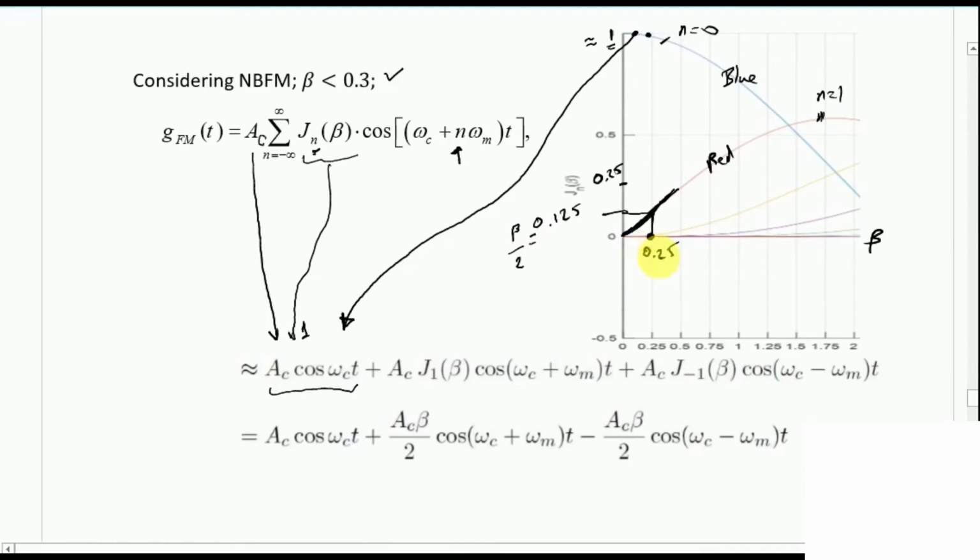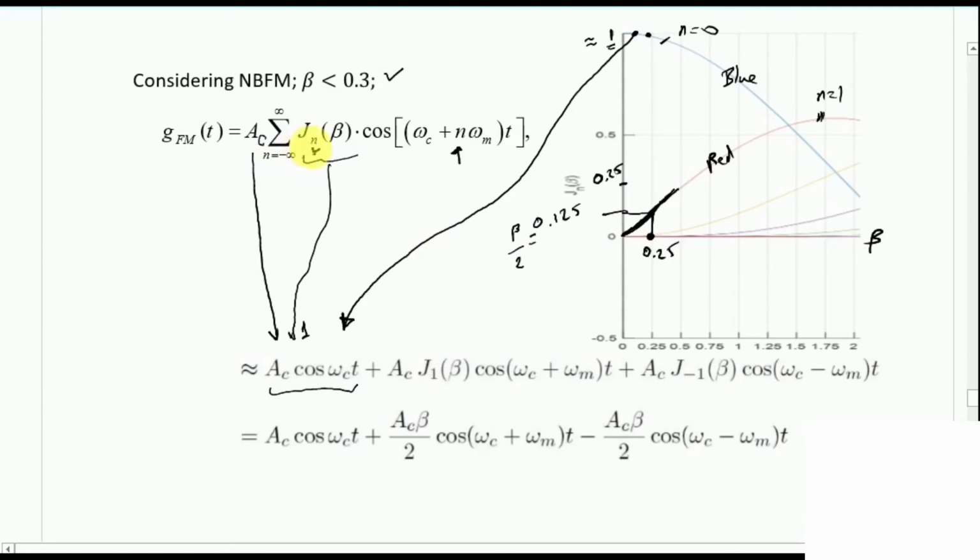If beta is 0.25, Jn of beta is beta by 2, that is 0.125. So this approximation holds until 0.3, but not later on, since you can see that the slope is decreasing. So this is linear until 0.3, and with that linearity we can claim that in that linear region, if the x-axis is beta, then the y-axis is beta by 2.